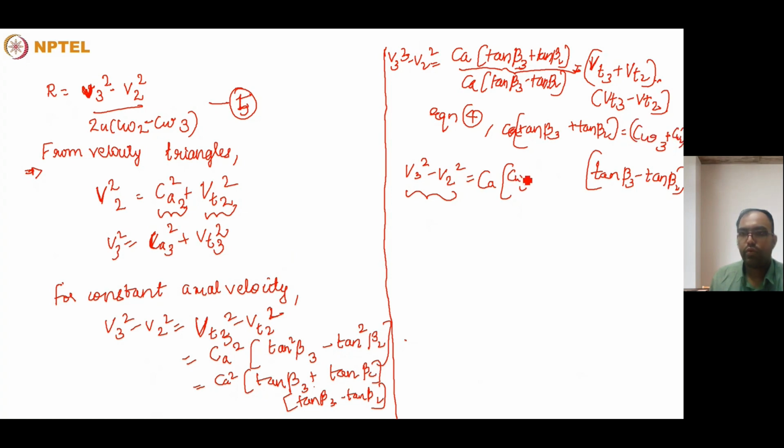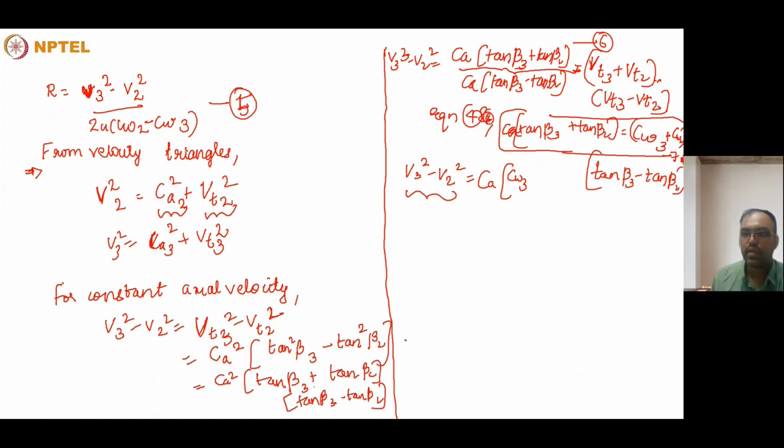So it can be written as CW3 from equation 5 and equation 6. From 4 and 6, we can write this to be, beg your pardon, 7.